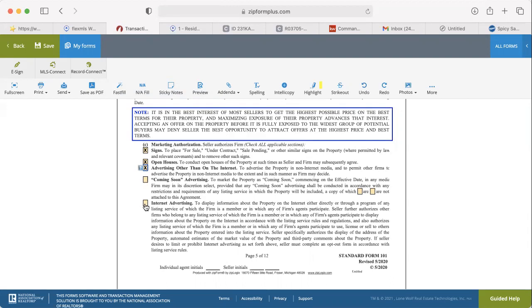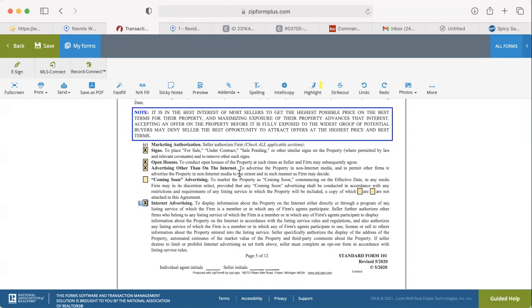So social media does not count as internet advertising? So it could. Advertising other than on the internet would be mailing flyers out, sending postcards, putting a sign in the yard.